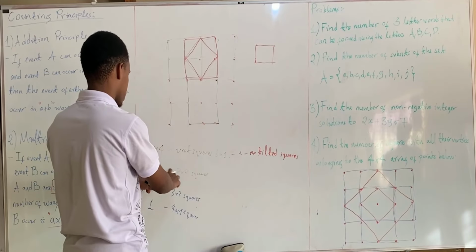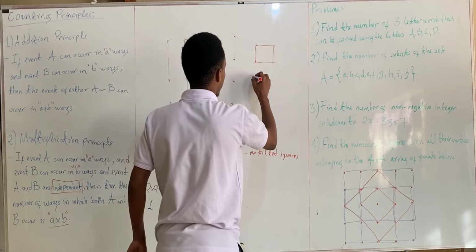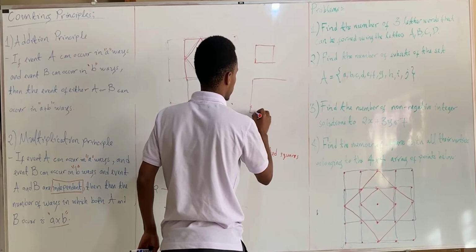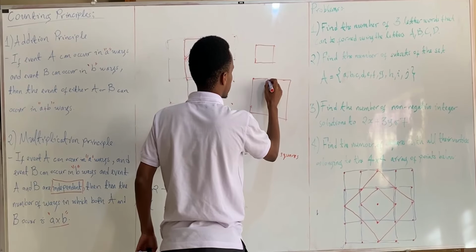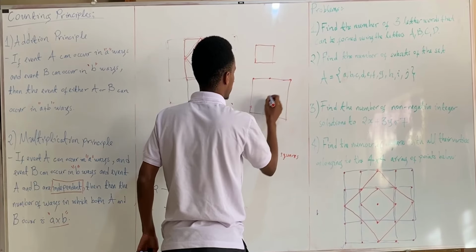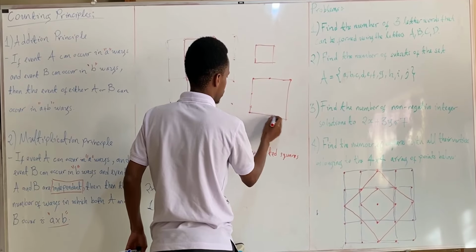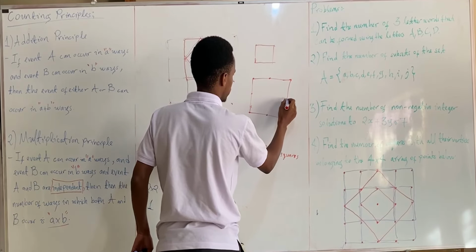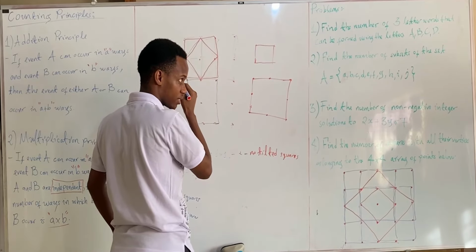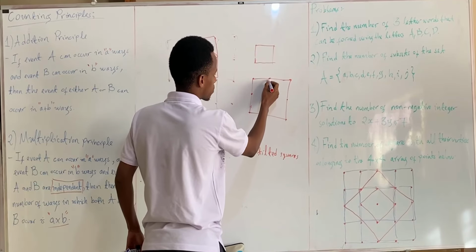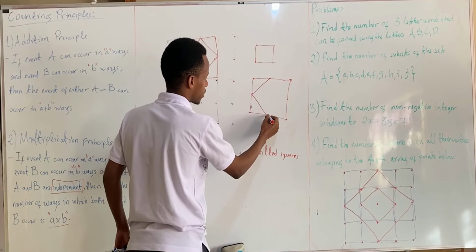For the second case, 2x2 squares, they look like this. So we have a point here, a point at the middle, a point here, a point at the middle, a point here, a point here, a point in the middle, and a point here. So the only tilted square that it contains has to pass through these midpoints like this.